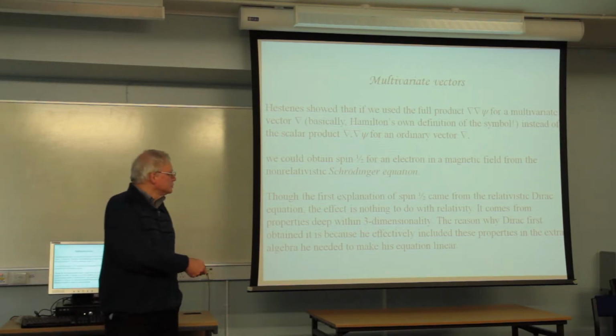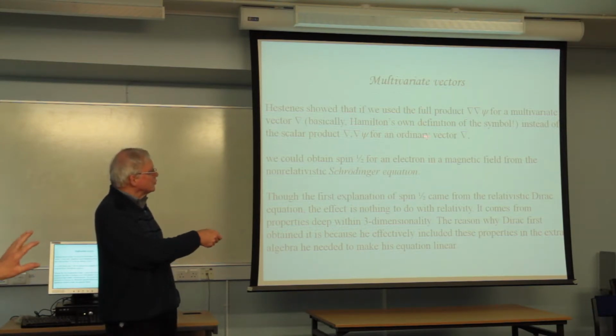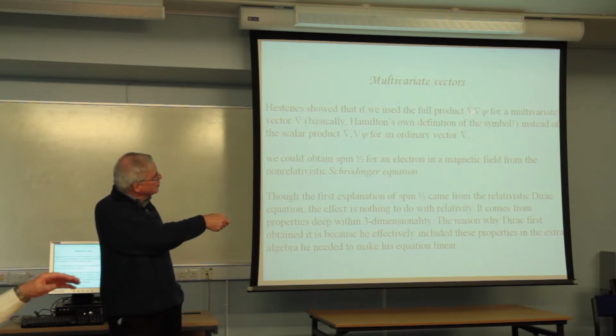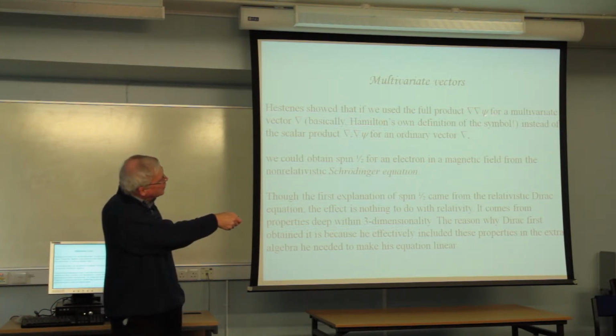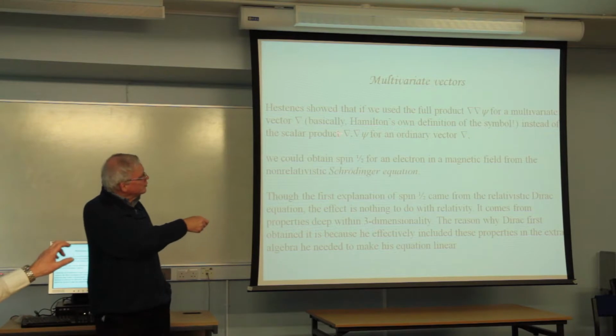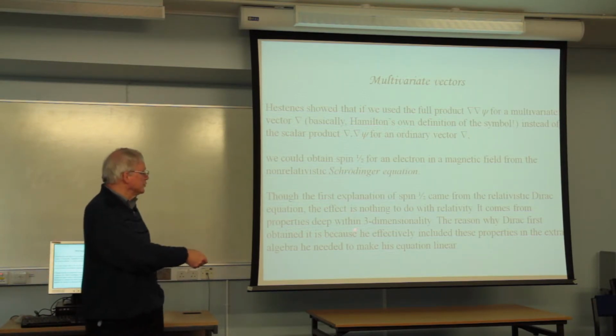Okay. I'm going to just query that you've got del on the top line. Yeah. This isn't my result, this is Hestenes. It's well established. It just means a mathematical multiplication. No, it means that you operate first on psi with del, and then you operate again with del. And the dot one means that you operate on psi with del squared. Yeah, okay. That's what it means.